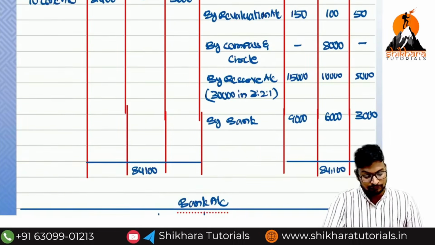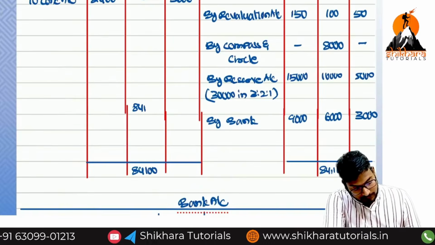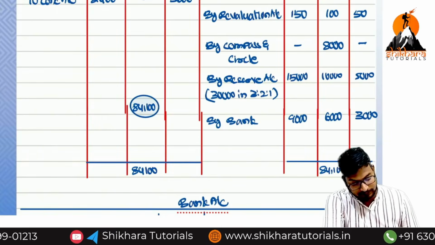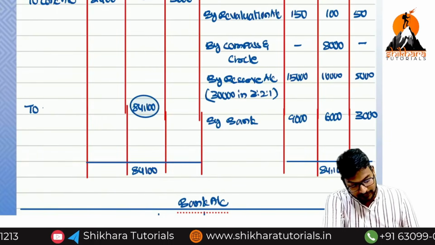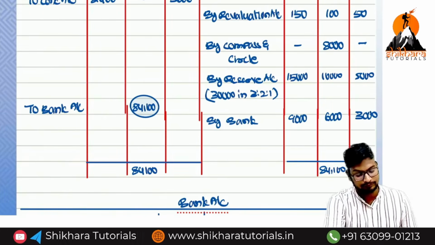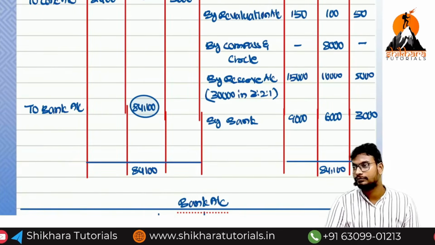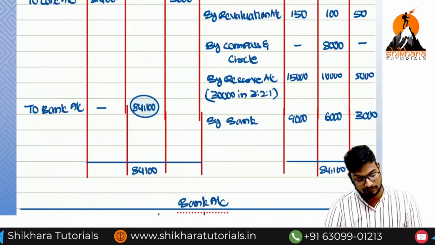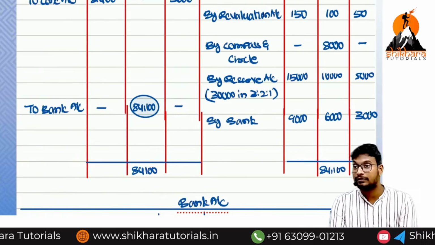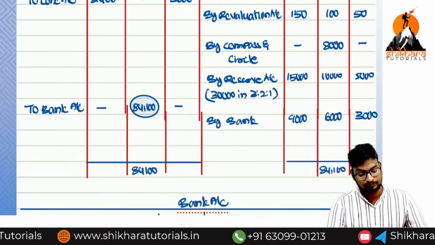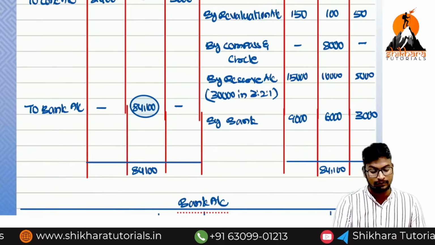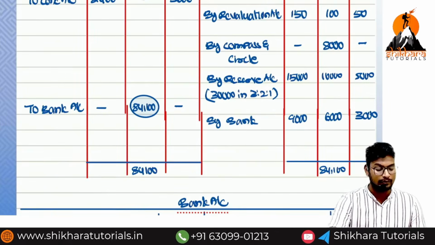Same, 84,100. What is the meaning of this 84,100? We are paying to the bank account. The bank account, which side? Normally if we are not paying, how do we need to show it? We need to show it as a loan account.